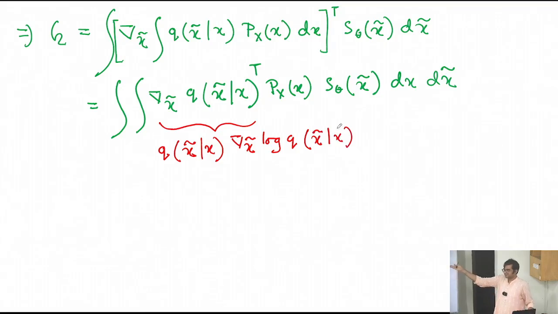You can get the same term. But we were going in the opposite direction. I mean, the correct direction till now. Now we are going in the opposite direction. And there is a very good reason we are doing this. We are doing this because we want to represent everything in terms of expectation, and expectation with respect to x tilde given x.